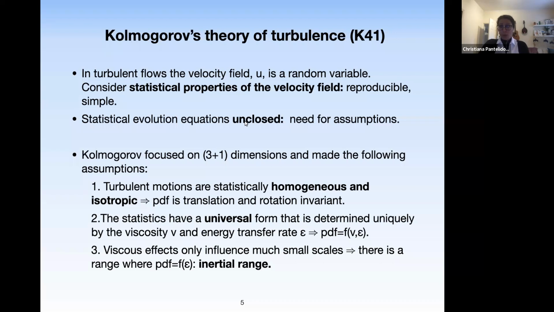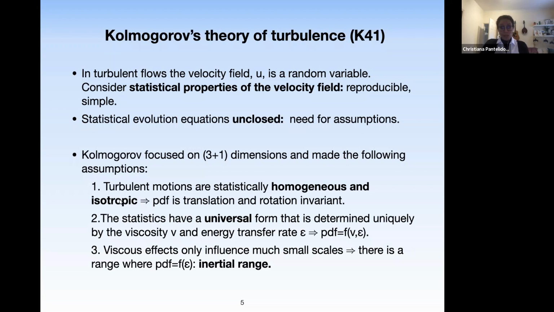So Kolmogorov focused on turbulence in 3+1 dimensions in non-relativistic fluids that were incompressible, and he made the following 3 assumptions. The first one typically goes by the name of isotropy hypothesis, and it essentially says that turbulent motion is statistically homogeneous and isotropic.